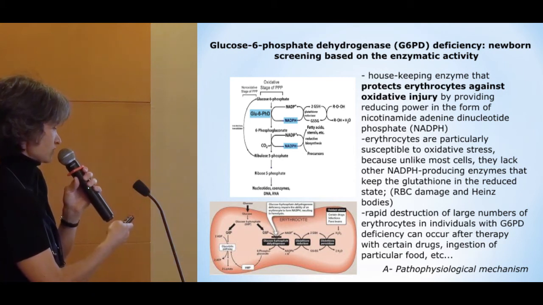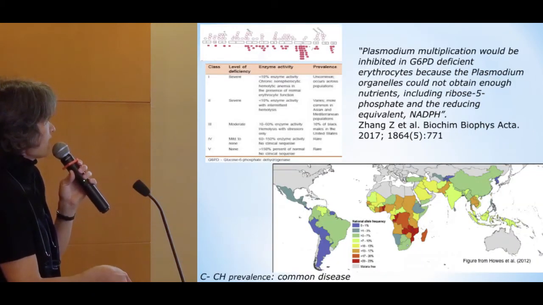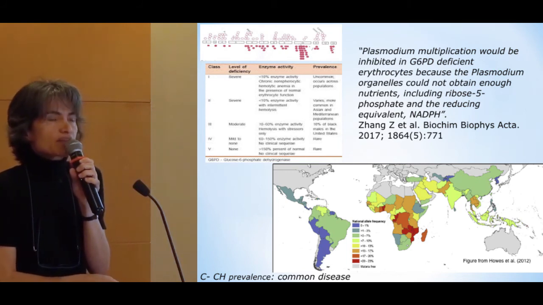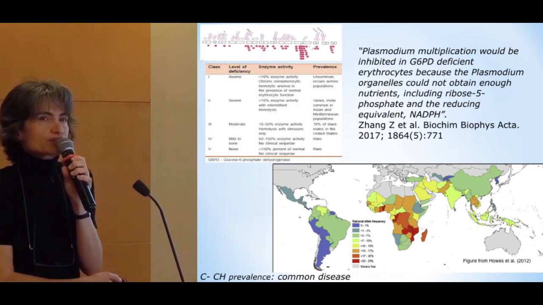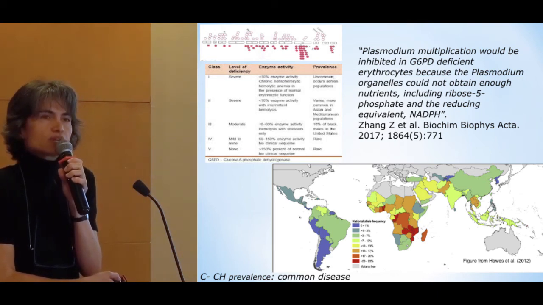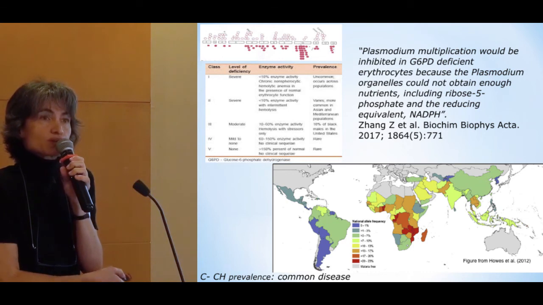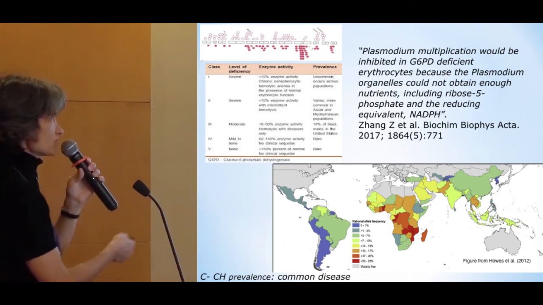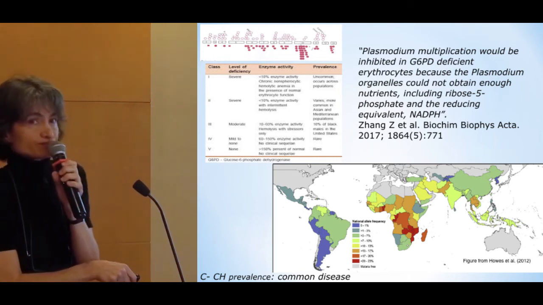So this is the pathophysiological mechanism. And the deficiency is quite common because it confers a sort of protective role to the one that bears the mutated enzyme, because it confers a protective role against malaria.